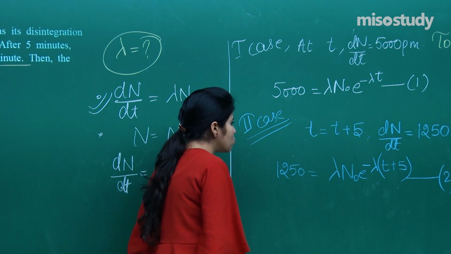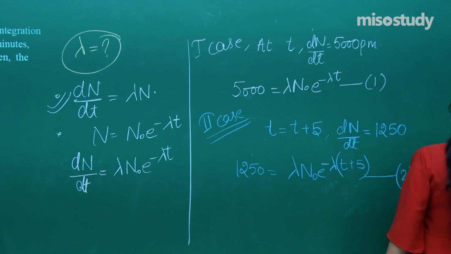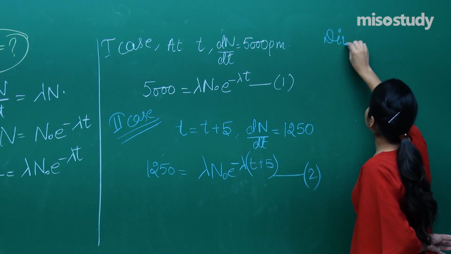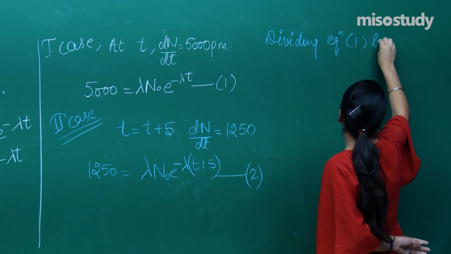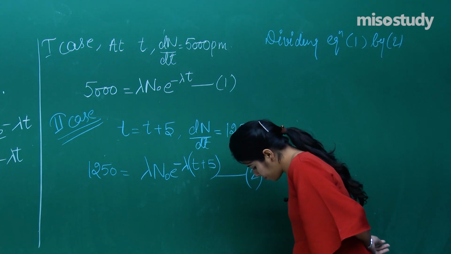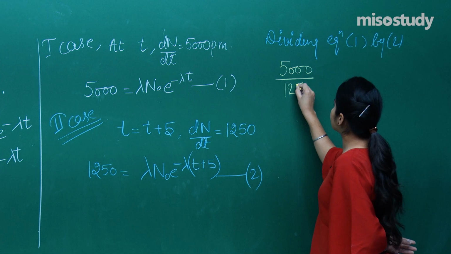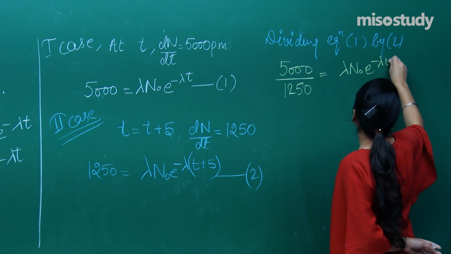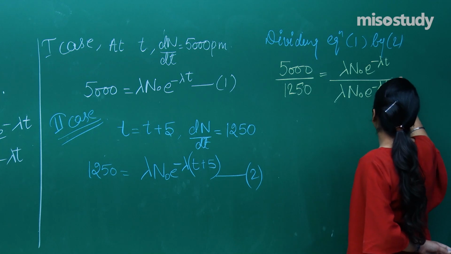So now what we are going to do, just look at this. Again you can do one thing, dividing equation 1 by 2. You will have 5000 divided by 1250 equals lambda N naught e raised to the power minus lambda t divided by lambda N naught e raised to the power minus lambda into t plus 5.